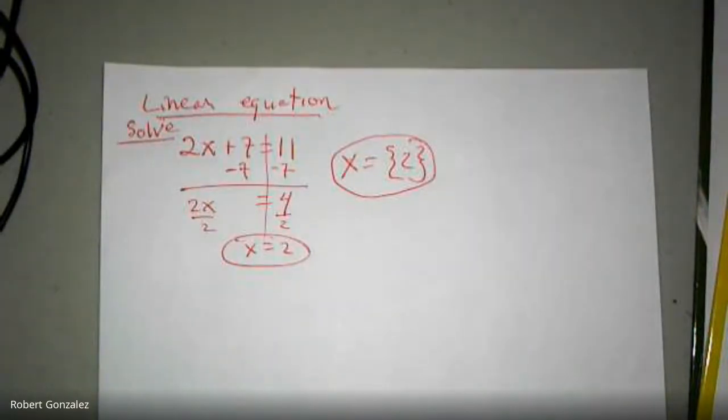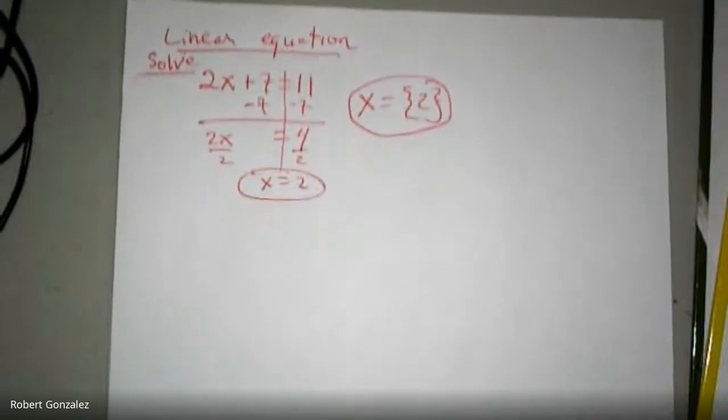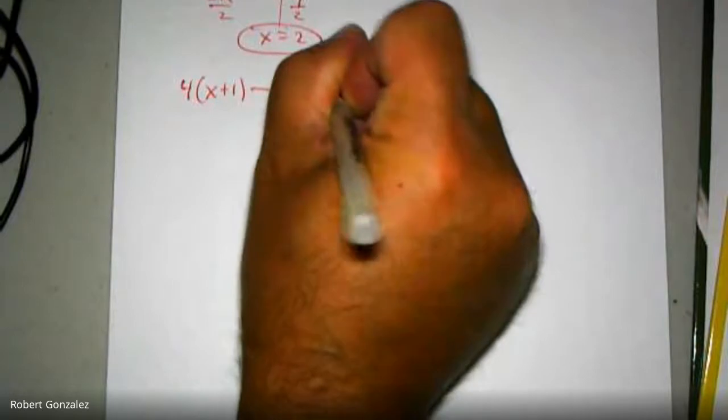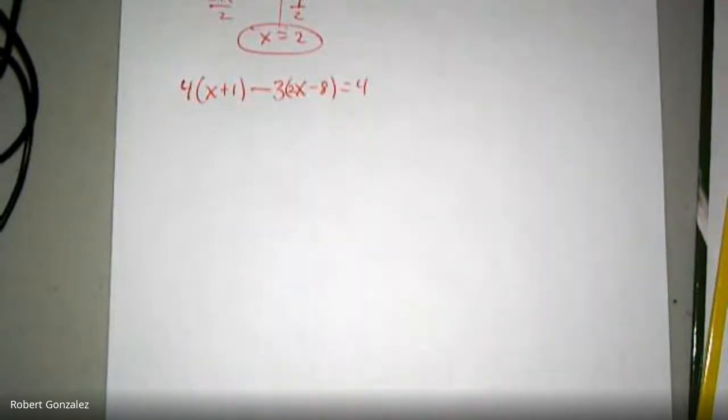Okay, well, sometimes the linear equations get a little tougher. And if you can't see my paper, be sure to just say, we can't see. That's all you have to say. What if it were something like this? Okay, well, that's a linear equation.